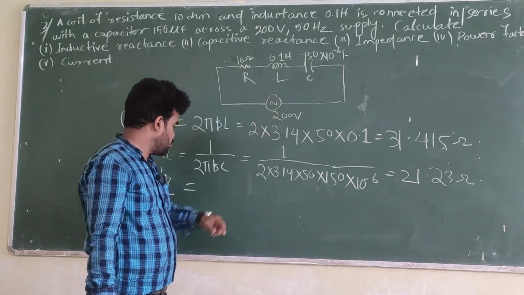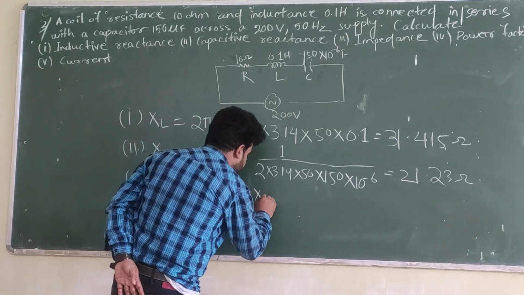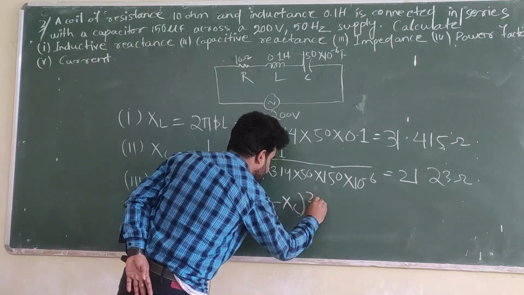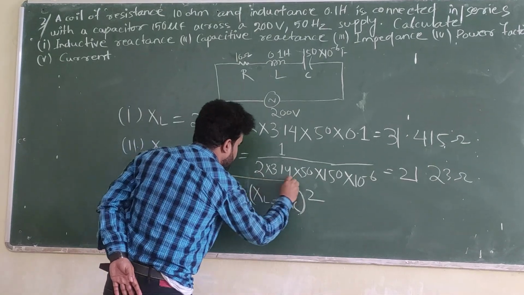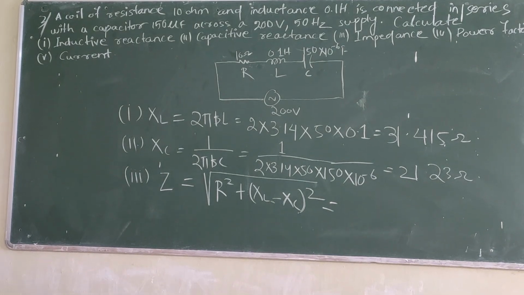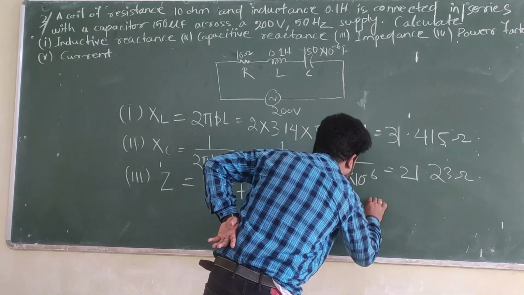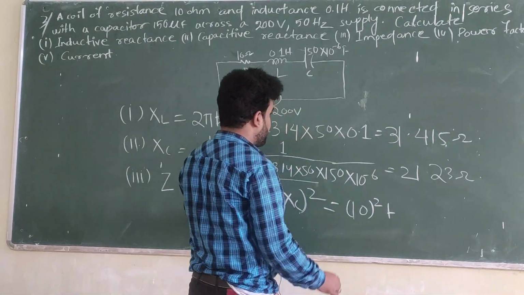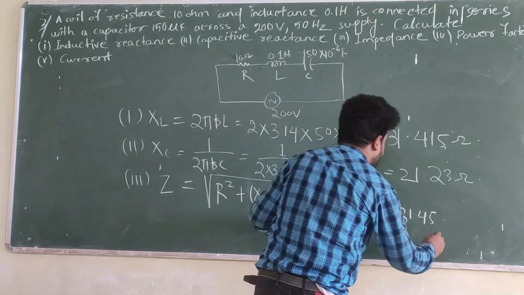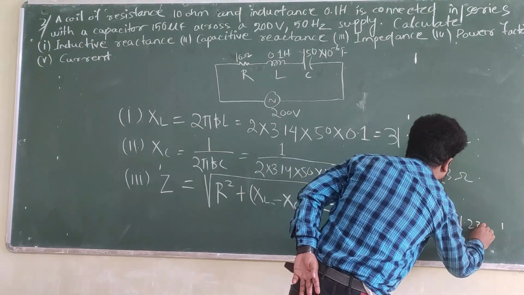Now it is RLC, so Z is the square root of R square plus (XL minus XC) square. R is 10, XL is 31.415, XC is 21.23.